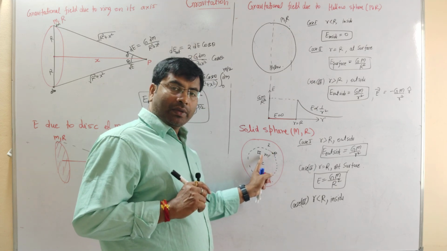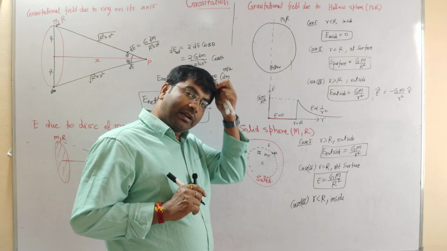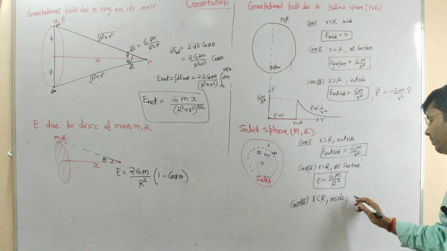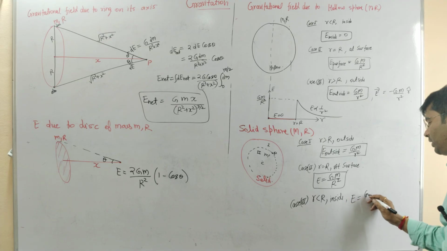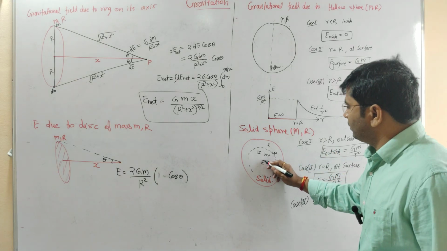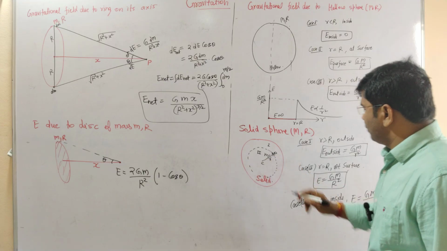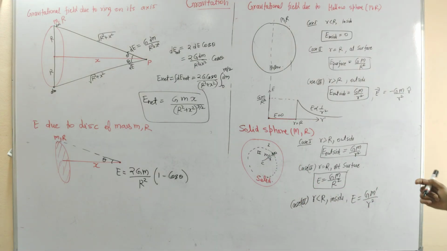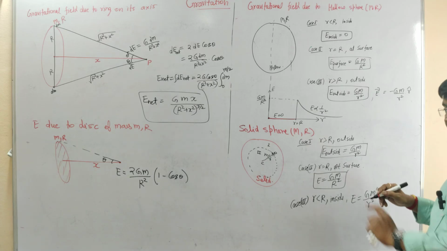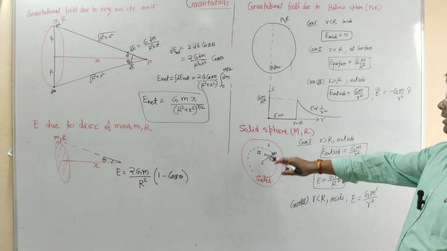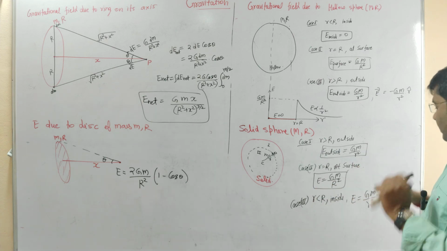The mass of the second part, I assume, is m dash. So here the field will be G m dash upon, let's take this distance as r, so r square. The problem is that we have to calculate this m dash, which is not the mass of the complete sphere. I can calculate it assuming uniform density.